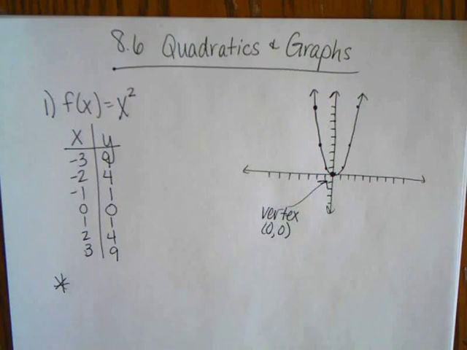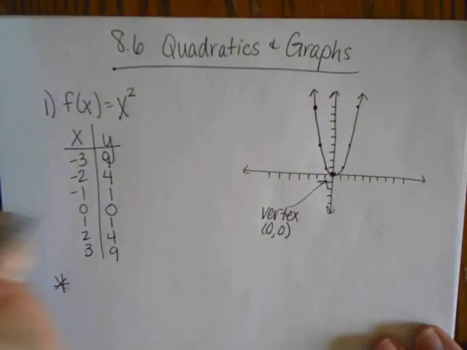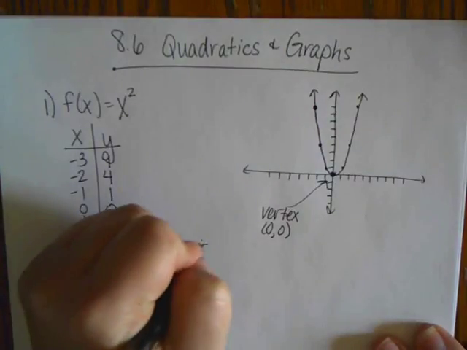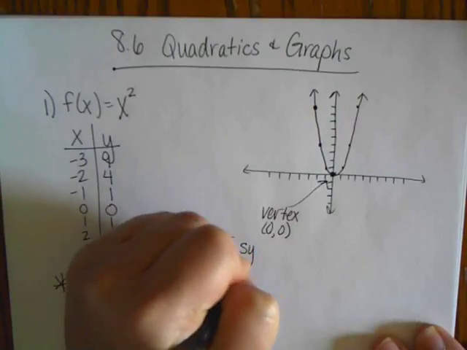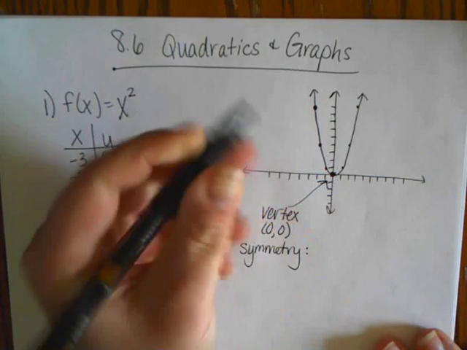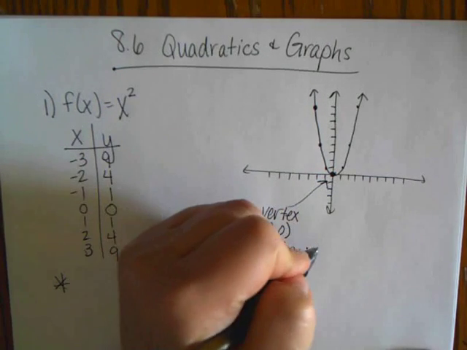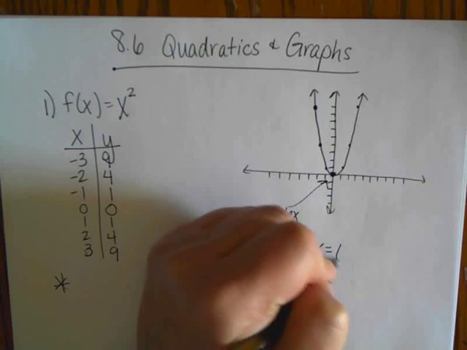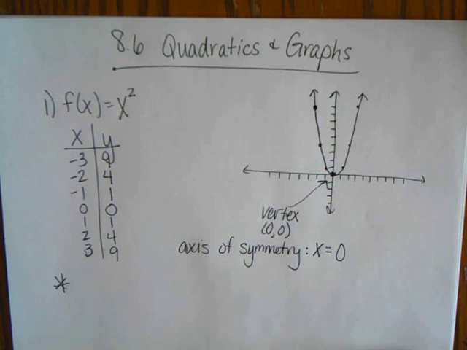So the equation of this axis of symmetry in this case, since it's a vertical line, is x equals 0. That is the same as the y-axis. It is x equals 0.